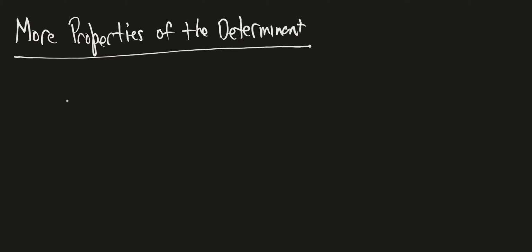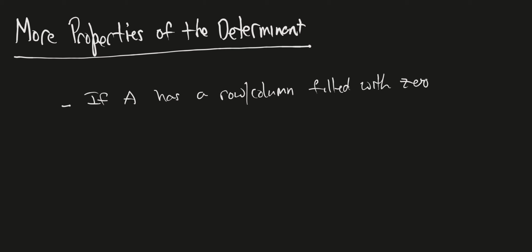So let's start with this particular property. And this one is something that's very easy to see, and once you see it, you know what the answer is going to be. So if A has a row or column filled with zeros, right?